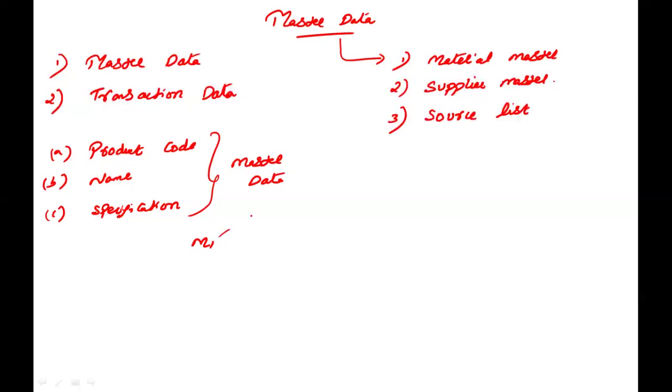They go into the market and search who is selling this material. So they will find vendor V1, vendor V2, and vendor V3. These three vendors are selling the material in the market, so they are the source of the material.